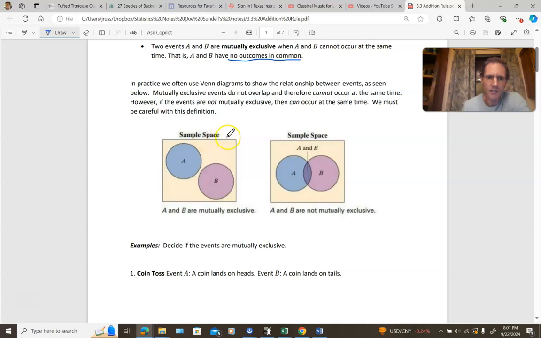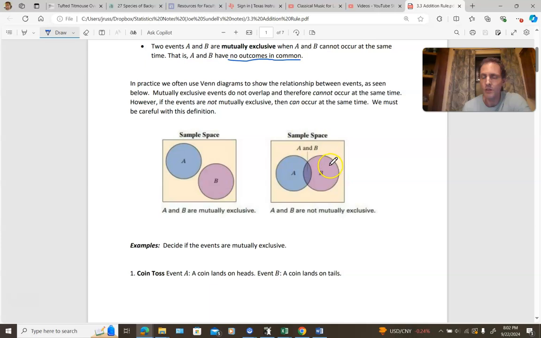If this square right here represents the sample space, the set of all possible outcomes, and event A is comprised of the outcomes in this area, and event B is comprised of the outcomes in this other area, you notice these two circles do not overlap. So this visually shows us that these two events are mutually exclusive.